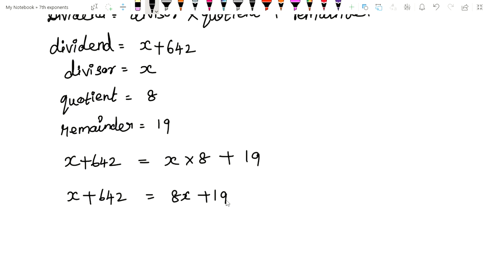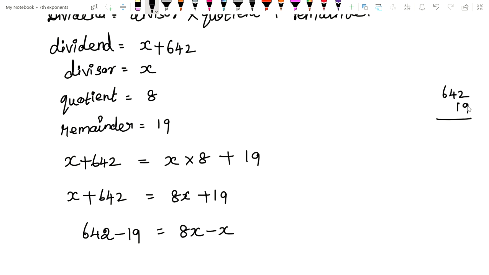Now we should have the variable on one side and constant on the other side. Okay. So 642 plus 19 will change to the other side, minus 19, equal to 8x. The plus x will change to minus x. Okay. Now you subtract this, 642 minus 19.